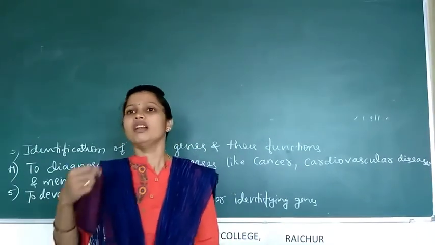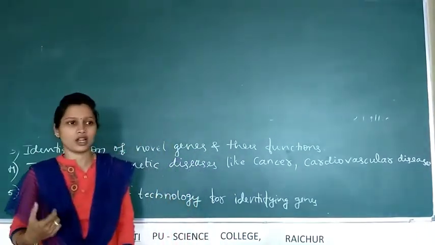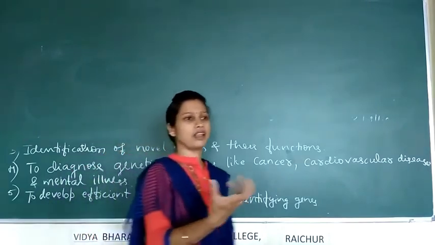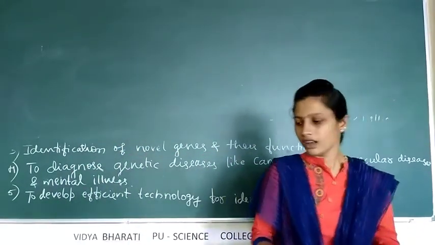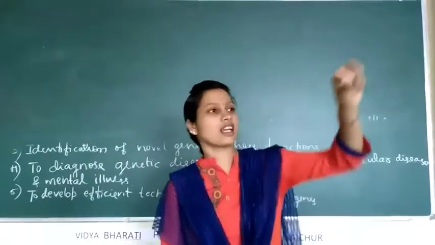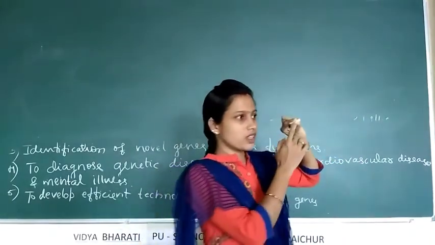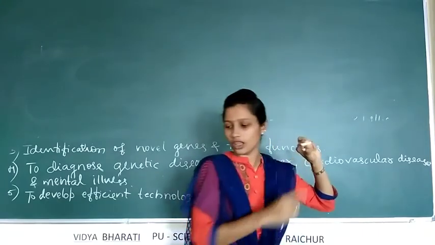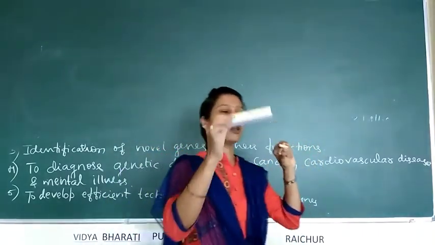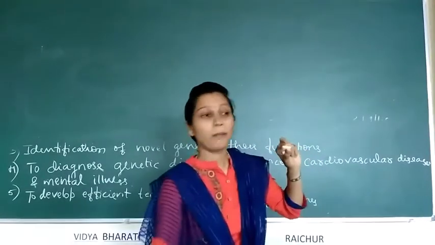For example, we want to synthesize insulin using mice or any other organism. Consider this a gene which is responsible for the synthesis of insulin, and it is present in the body of a particular pig.